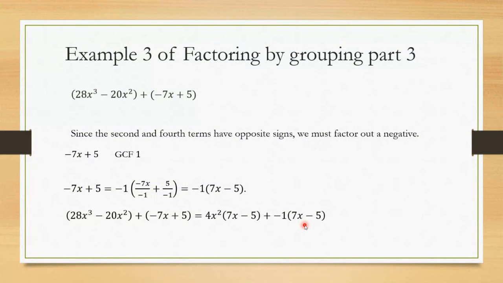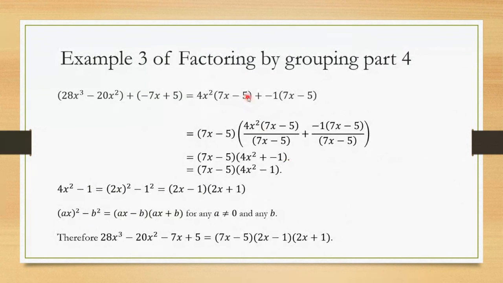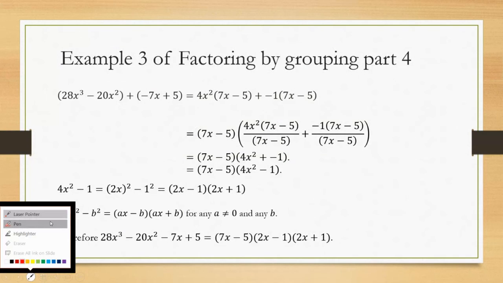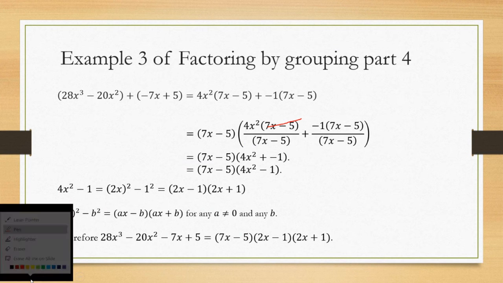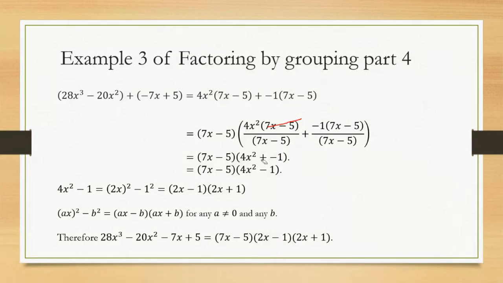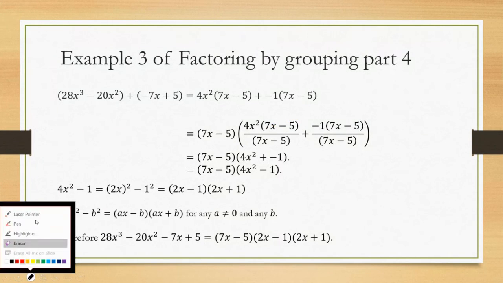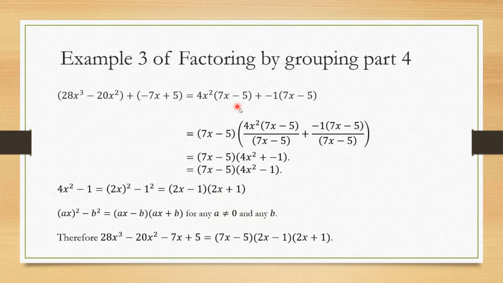Factor out 7x minus 5. That's the common thing in parentheses, and that's what we're doing here. We factor that out. Wait, hold on. I'm getting ahead of myself. There we go. So we factor out 7x minus 5. Okay, so we put that in front.